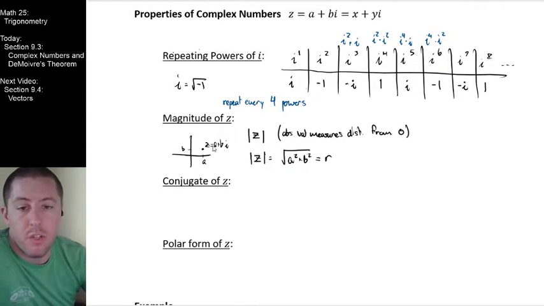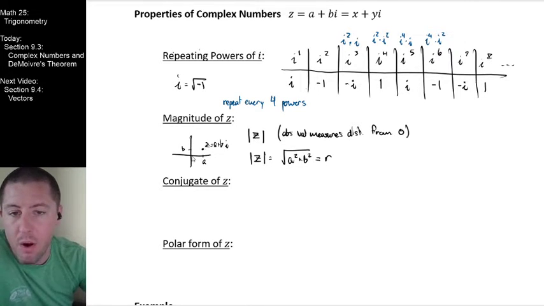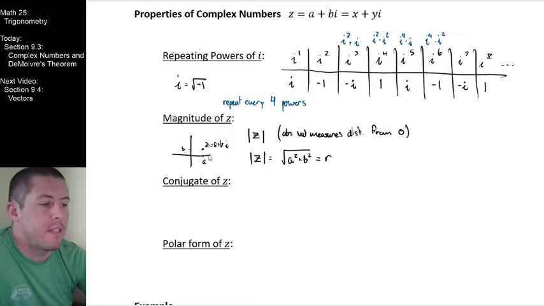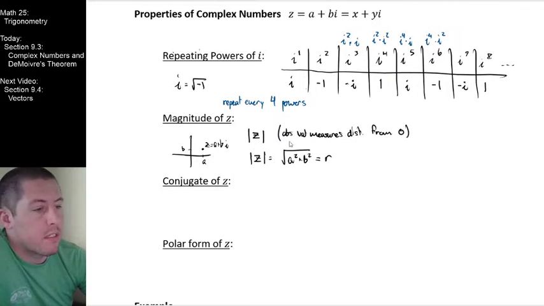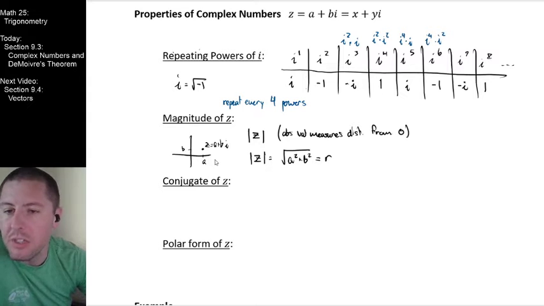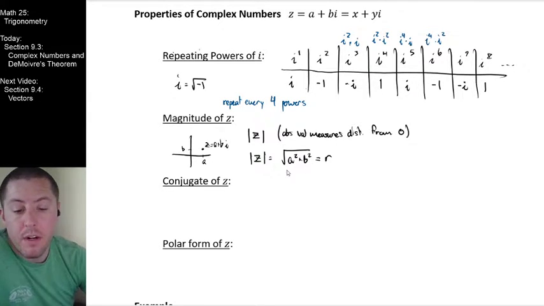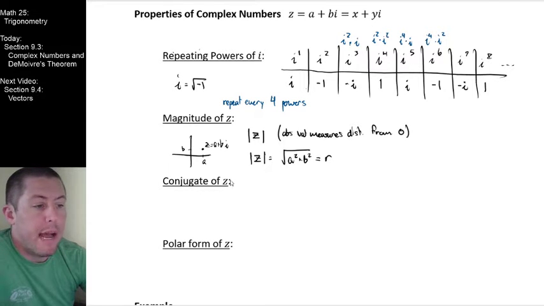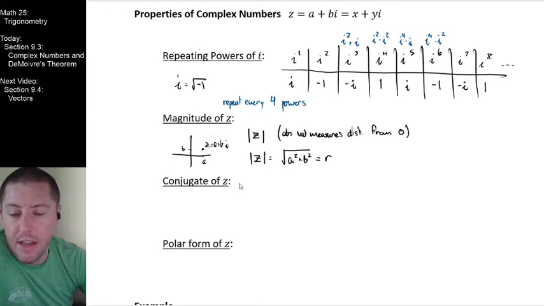You should notice here we're in a 2-dimensional setting, and so it requires the Pythagorean theorem to measure how far away we are from 0, which is the number that sits at the origin. So this is how we can compute the magnitude of a complex number: by finding how far away in the complex plane a plus bi is from the origin, and we can do that with a little Pythagorean theorem.